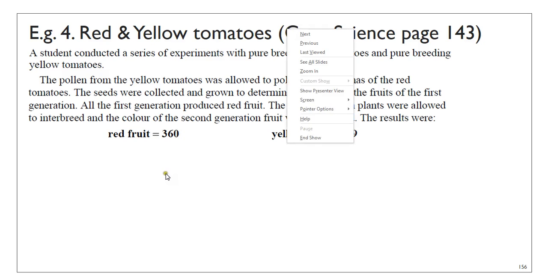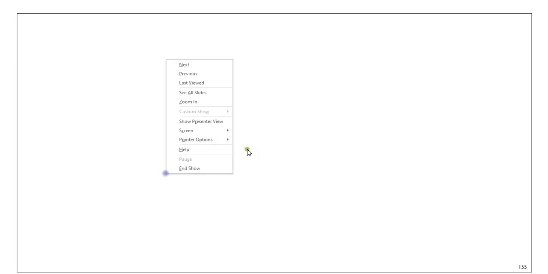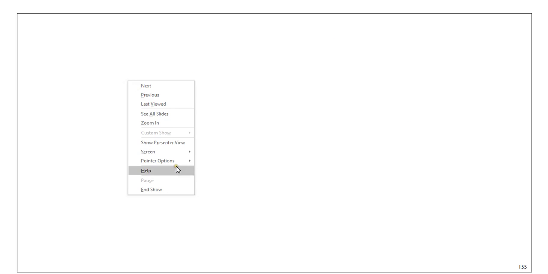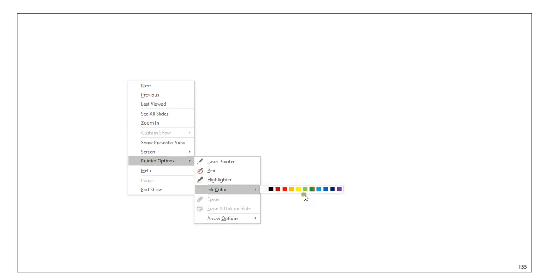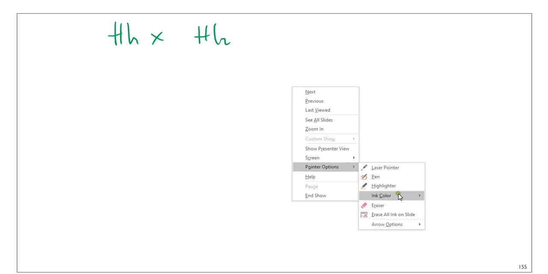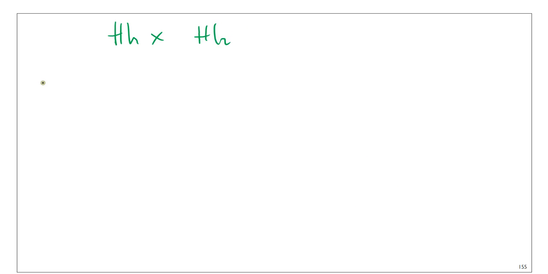Let me just draw that out again. So basically we have capital H. The third possible outcome is if the parents are both heterozygous for this trait, and then you have the Punnett square.